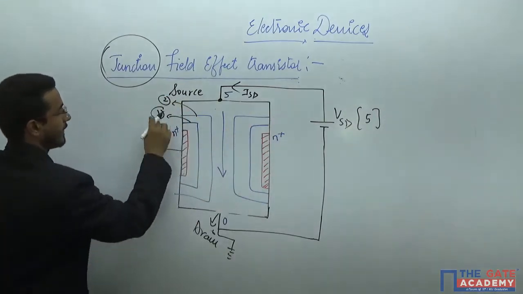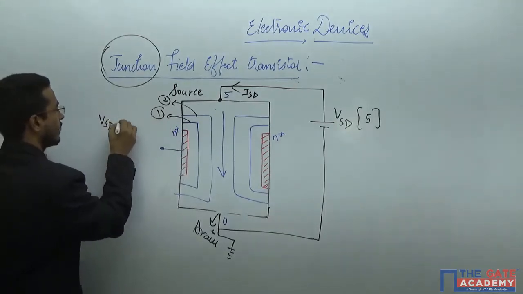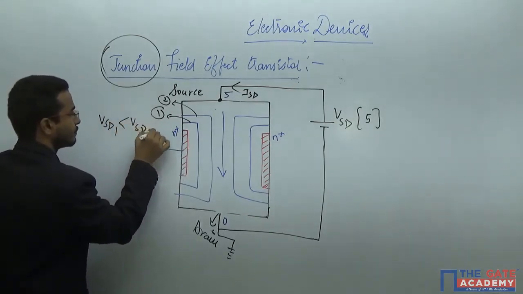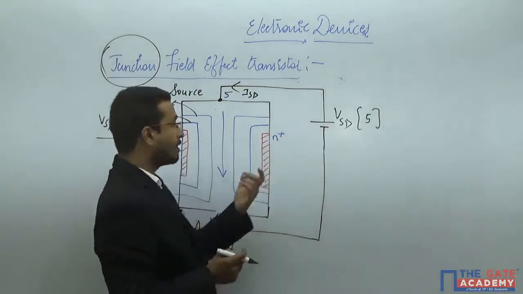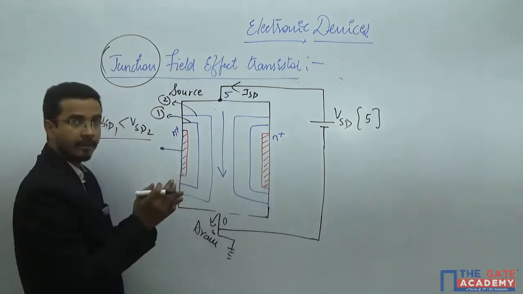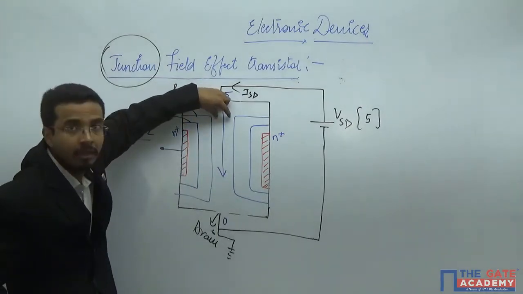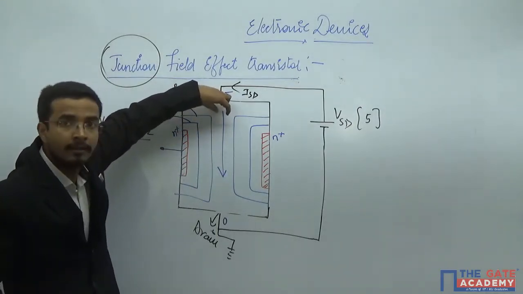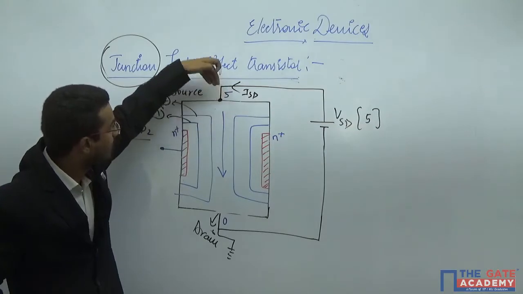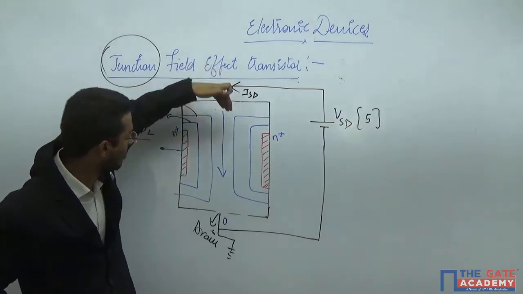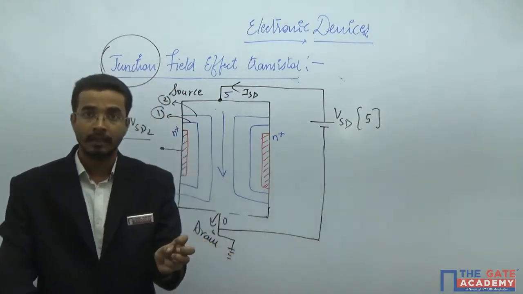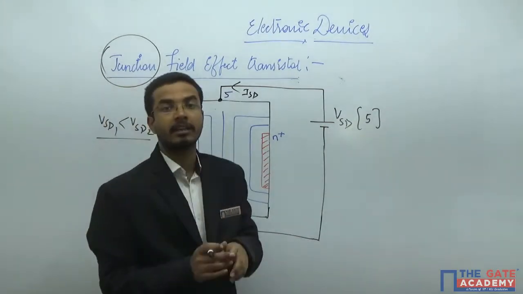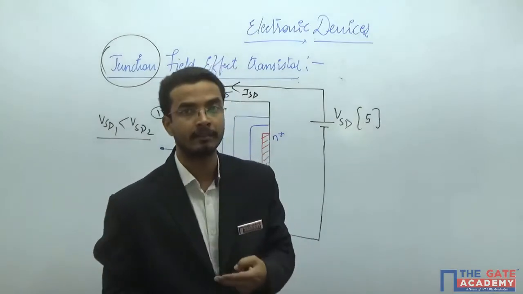And you know that VSD1 is less than VSD2. That means as you keep on increasing the voltage from here, the depletion region on both sides will keep on increasing, and the available path for the hole to move from the upper terminal to the lower terminal keeps on decreasing. And if the area is decreasing, the current density will keep on increasing.